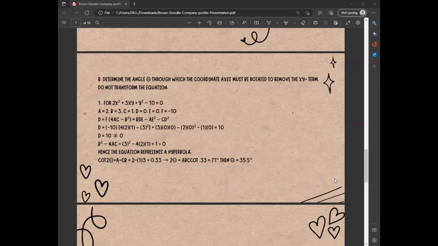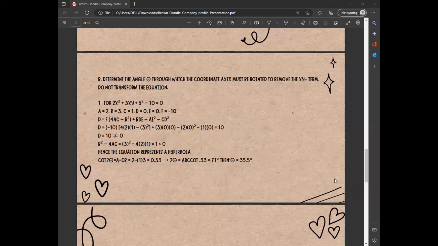So ang b squared minus 4ac is equal to 3 squared minus 4 times 2 times 1 is equal to 1, greater than 0. So ang nare-represent nito is hyperbola dahil nga ito ay greater than 0 but not equal to 0.